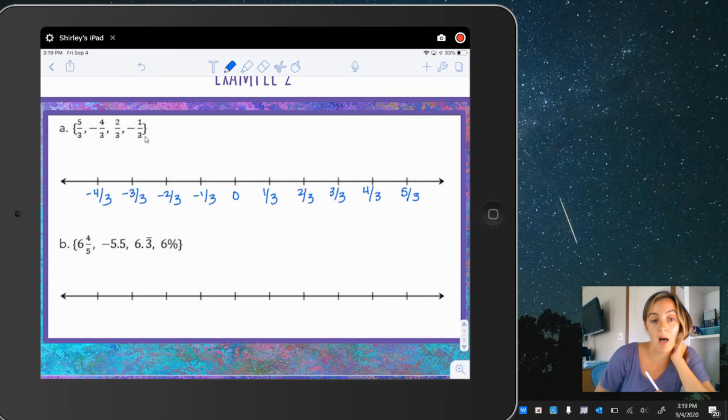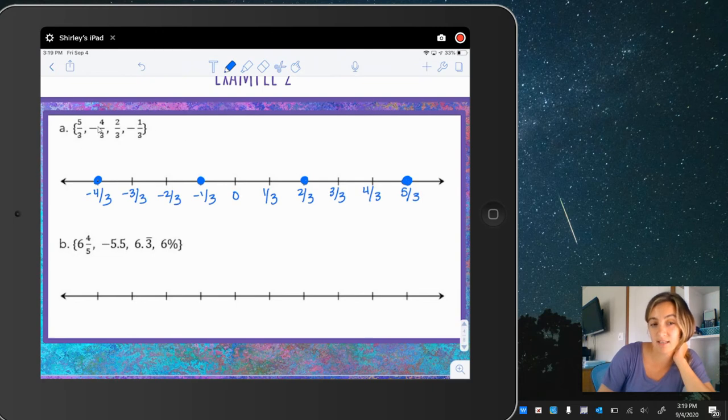So now if we go ahead and plot them, 5/3, then I have -4/3, 2/3, and -1/3.